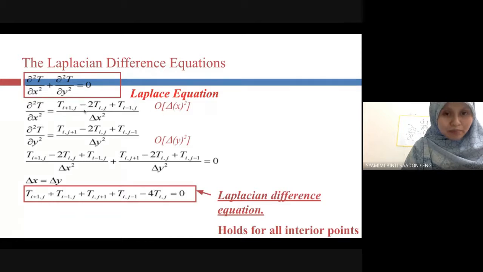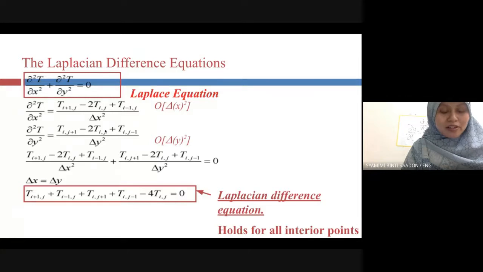into this form. This is like a Taylor's equation, which I mentioned in previous chapters. So this partial differential equation can be developed into this form, second order. That's why we have this here.